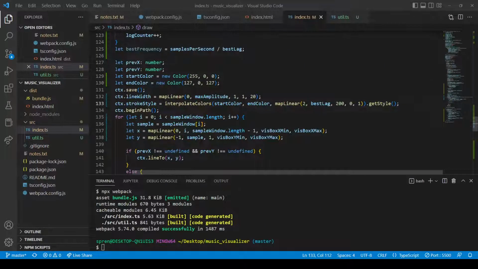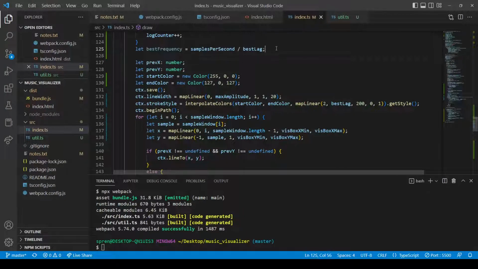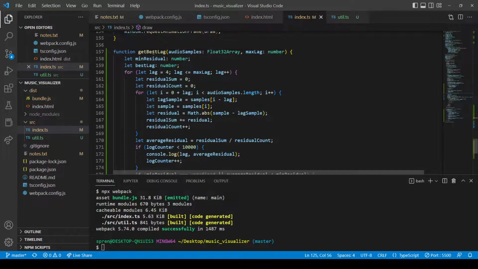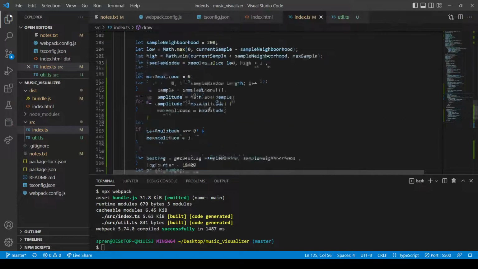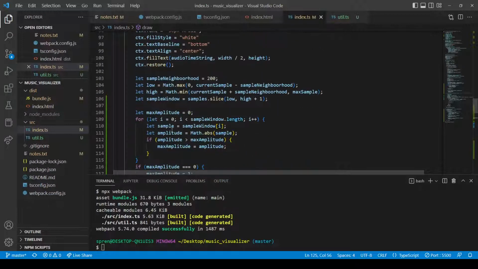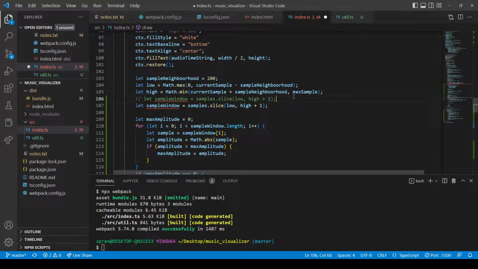Okay. And now I can do what I was attempting to do, which is replace this. Where is it? Okay, replace this sample window with a dummy. Okay.